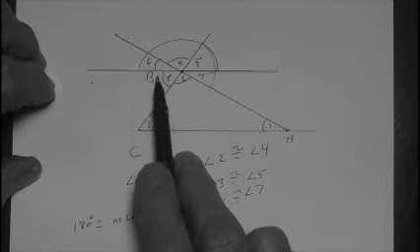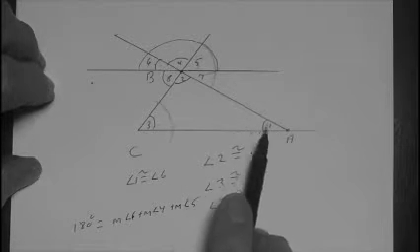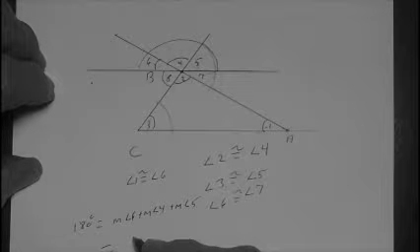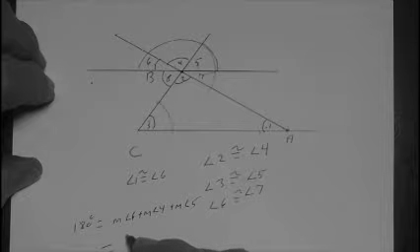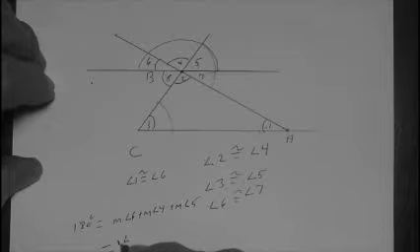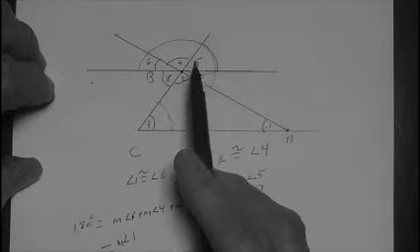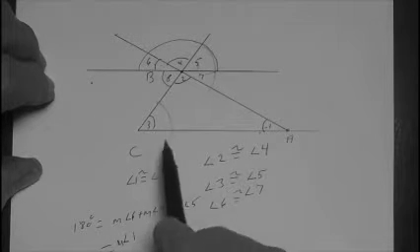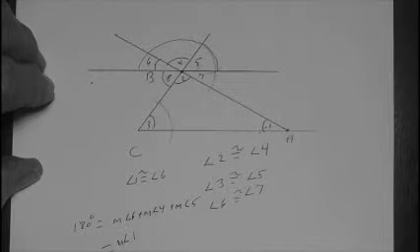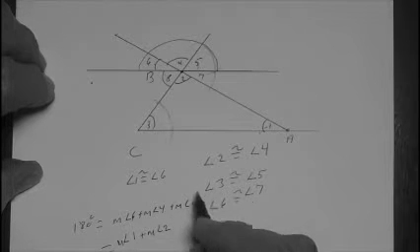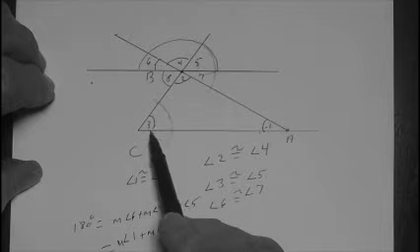Angle 6 is the same as angle 1. They're corresponding angles. So I can substitute angle 1 for angle 6. Angle 4 is the same as angle 2. So in place of angle 4, I can put in angle 2. And then angle 5 was the same as angle 3.